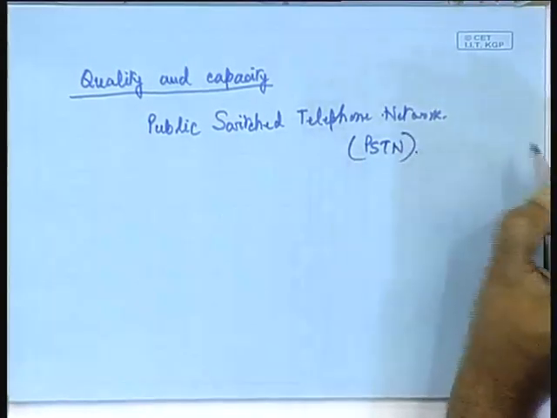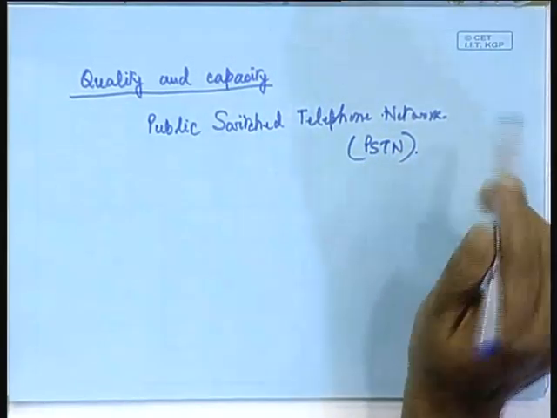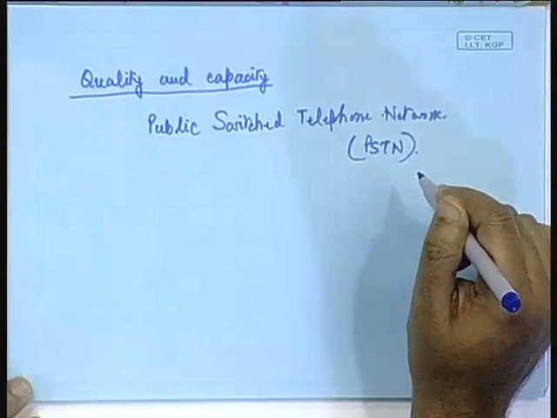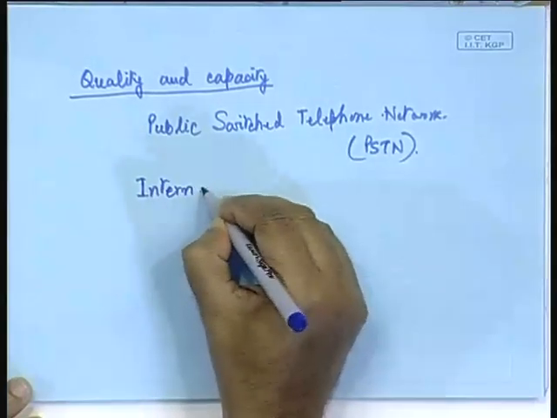For PSTN, what should be the quality requirement for a given capacity must be fully specified, and that quality we have to reach. That is specified by regulatory bodies. One international regulatory body that specifies for PSTN and other networking requirements is the International Telecommunication Union, or ITU.